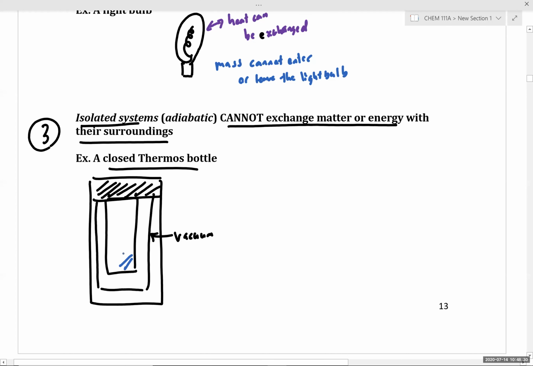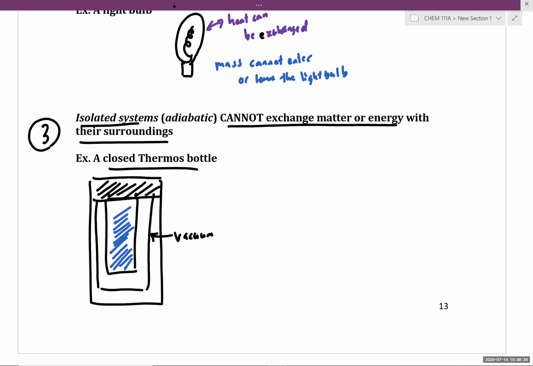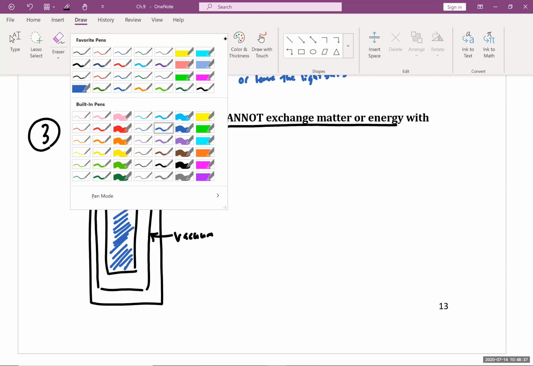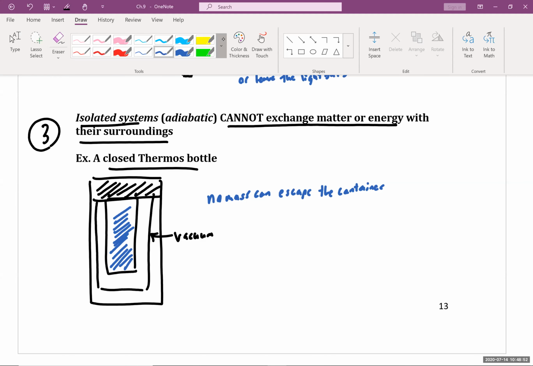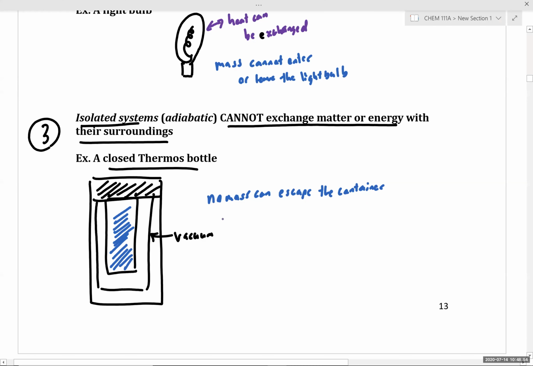So let's suppose you have your soup or lunch or whatever inside your closed thermos bottle. Well, if it's sealed, we know pretty easily that no mass can escape the container. And additionally, heat cannot be exchanged with our surroundings.